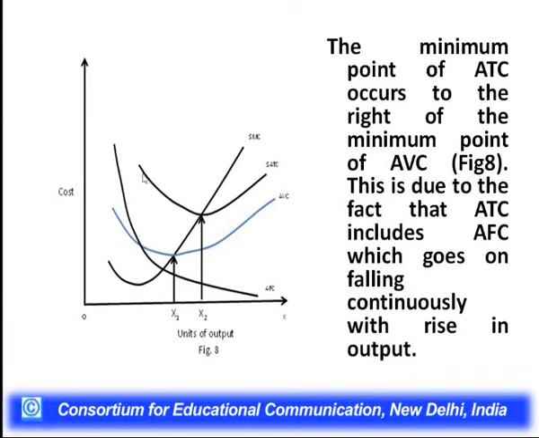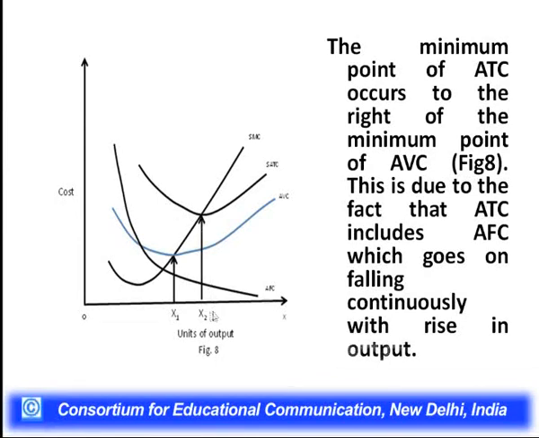When average cost is declining, MC is below it. No doubt it is rising, but it is less than the average cost. When average cost is rising, you see that marginal cost is above this, and you also see that the minimum of marginal cost comes earlier than the minimum of SAC.